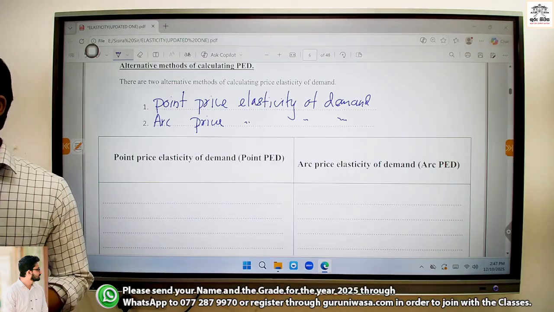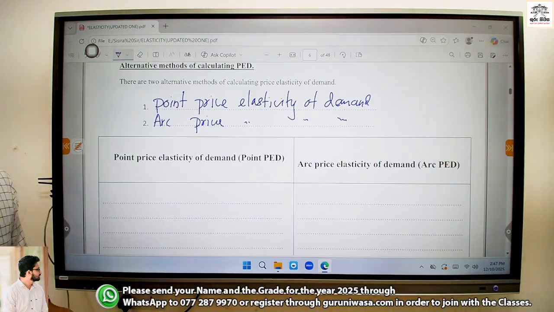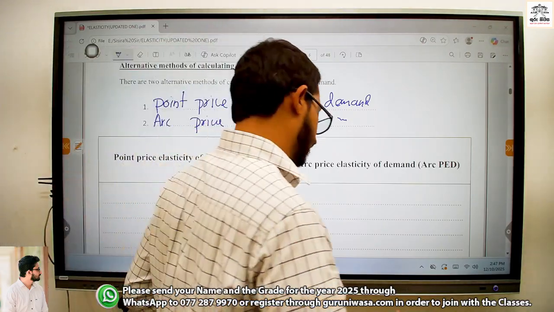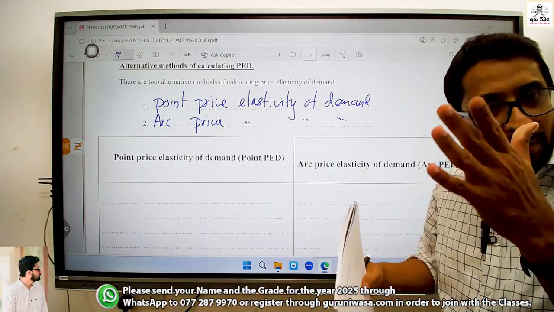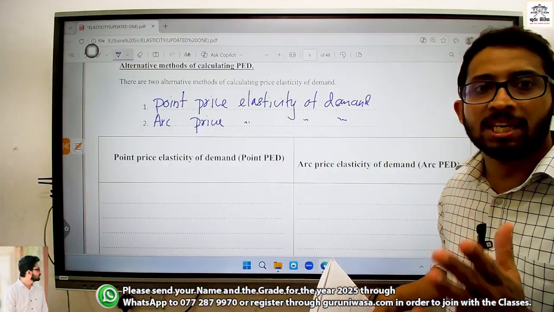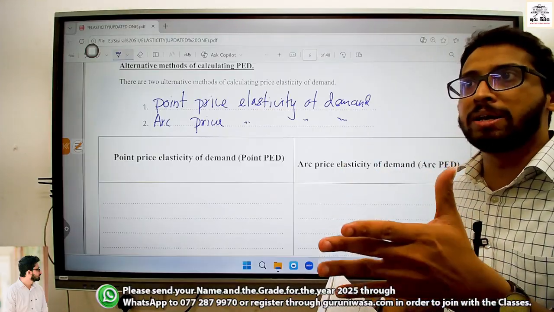I'll explain. The arc price elasticity of demand means arc, in between two points. Point means PED at a particular point on the demand curve.